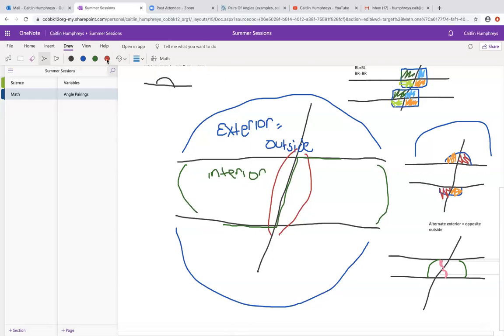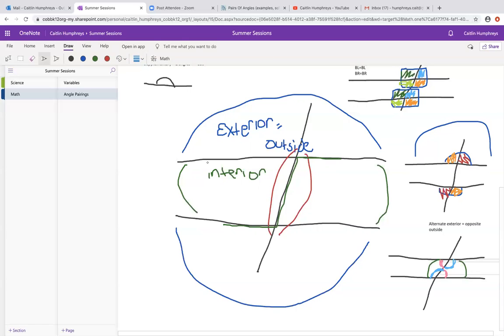Those 2 and these 2. Inside and opposite. Now, a pink and a blue equal 180. So what do you think that means the 2 blues are? Does congruent make sense? Does it make sense for those to equal the same thing? I think so. Okay.